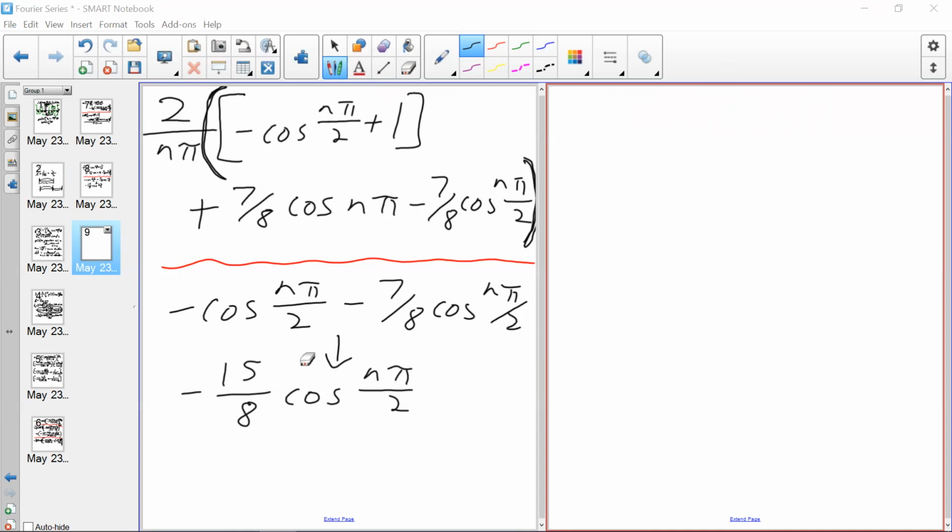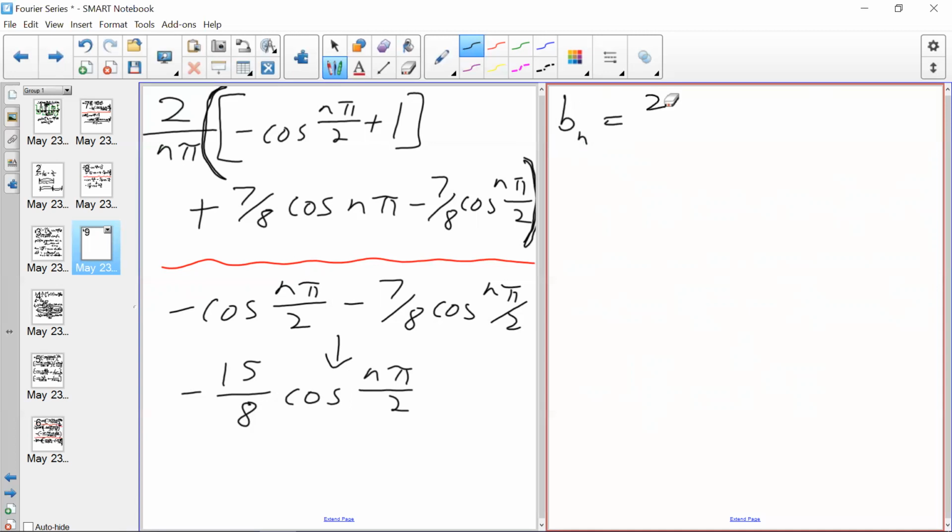Okay, so this is this term here. Remember, we had the 1 and the plus 7/8 cosine n pi. So now we can put everything together. We finally have all of our Bn, at least the Bn expression, but now we have to get the individual B sub n's.